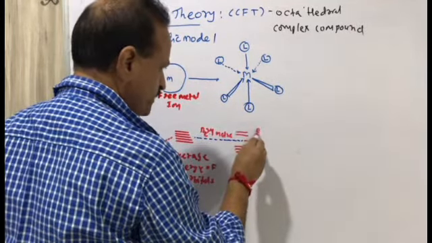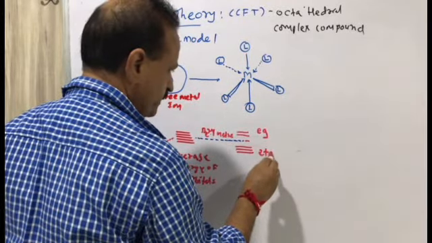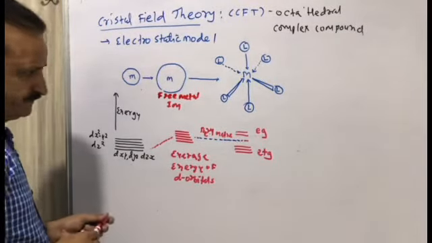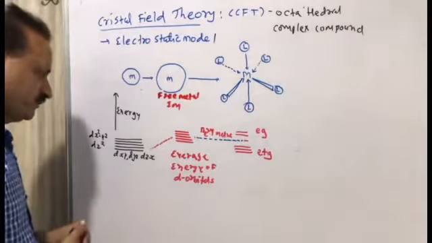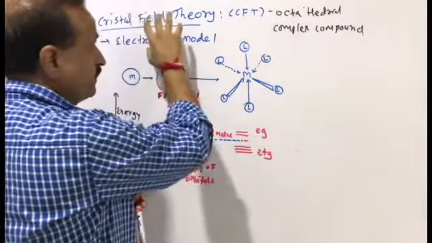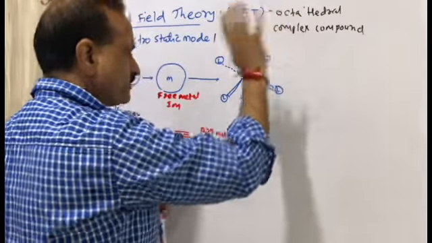This is the Eg. This is the T2g. This explanation is very important, so we are going to discuss the crystal field splitting in octahedral complex compounds.